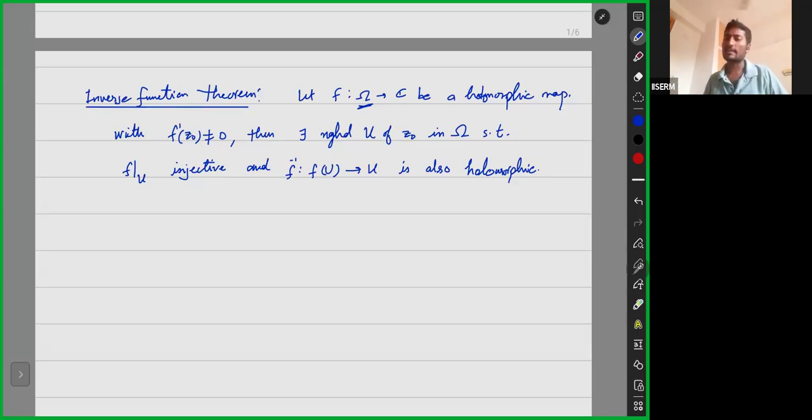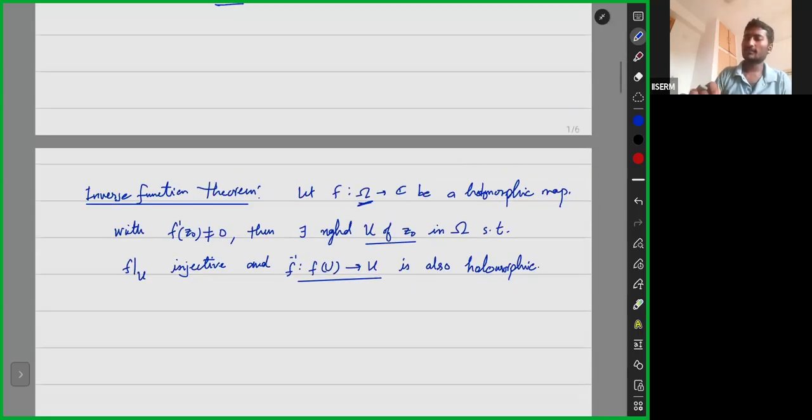Which doesn't hold for real valued functions. Okay, so for a holomorphic function f where the derivative does not vanish, there exists a neighborhood of that point, let's say here it is U, where the derivative does not vanish, and the restriction of f to U becomes an injective map, and its inverse, not on the whole domain but wherever the image is going, let's say the inverse is from f of U to U, is also a holomorphic function, complex differentiable, right?